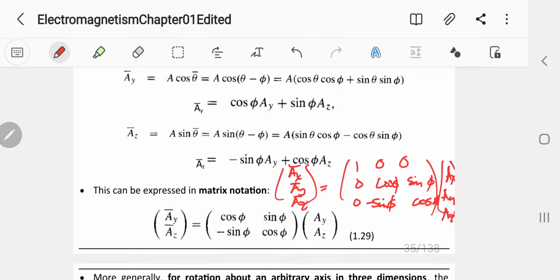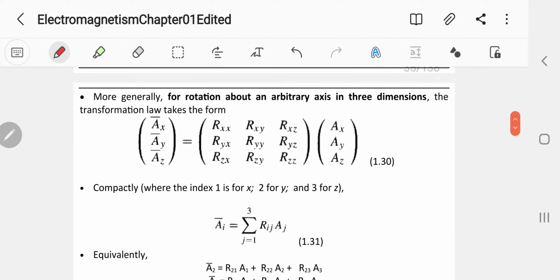That's actually the three-dimensional matrix that you can form with Ax, Ay, and Az. This is just for the two-dimensional zy plane.